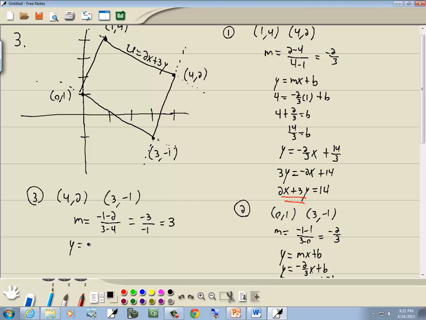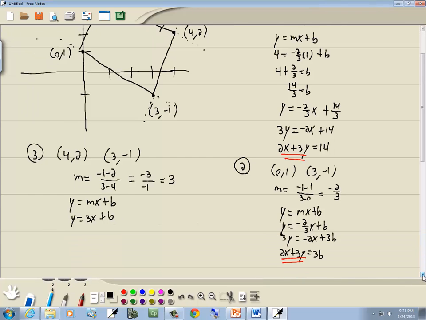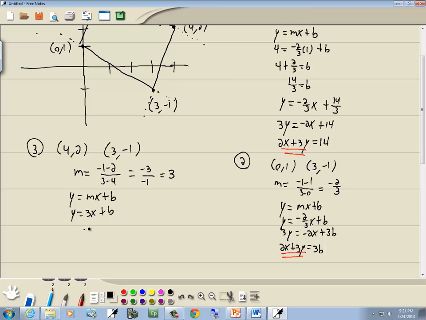Now again, we could care less about b, because b is a number on the other side. It won't change the slope, it'll change where it passes through the y-axis. So m is 3, so we've got y equals 3x plus b. I could take the y over to the right side, so we've got 3x minus y equals negative b. But the important part is the 3x minus y.